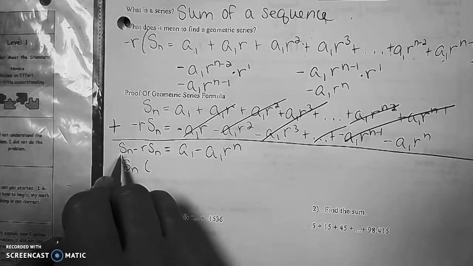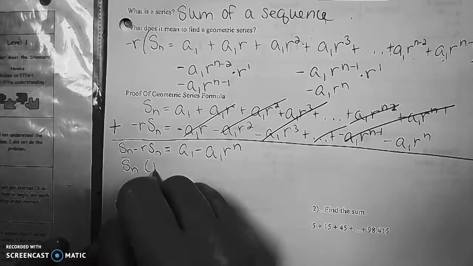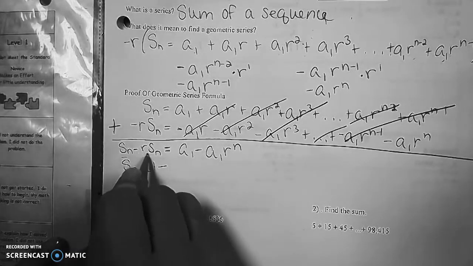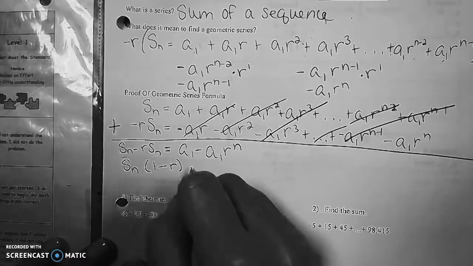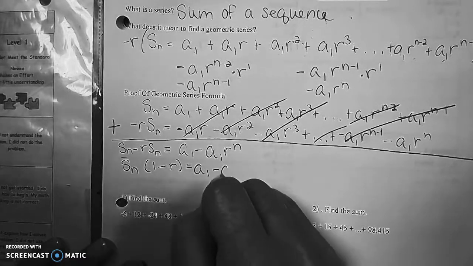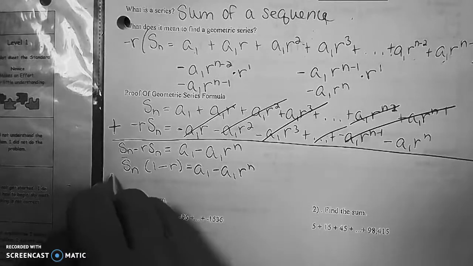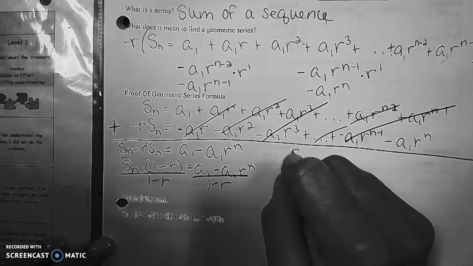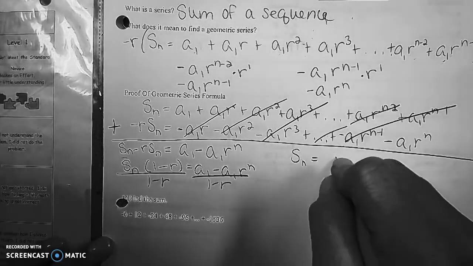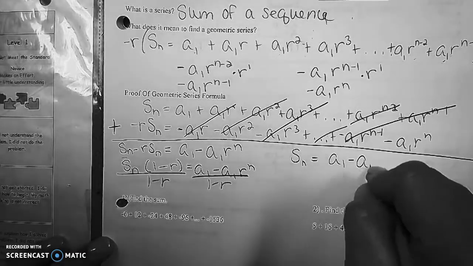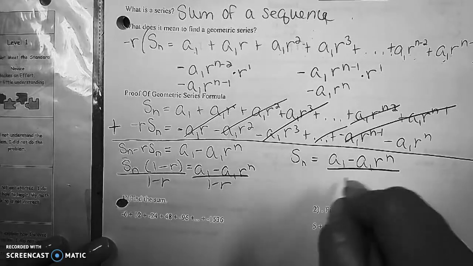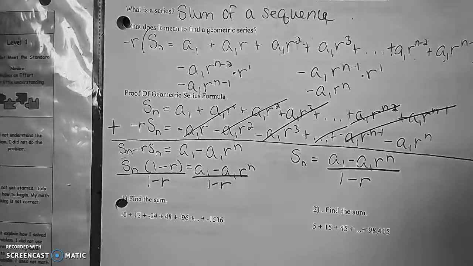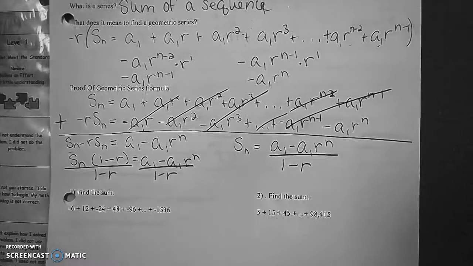If I pull S sub n out of S sub n, I'm left with 1, minus, if I pull S sub n out here, R. I'm almost there. I need to divide. So S sub n will equal A1 minus A1 R to the n all over 1 minus R. You've done it. You've solved for S sub n. You can now find the sum.